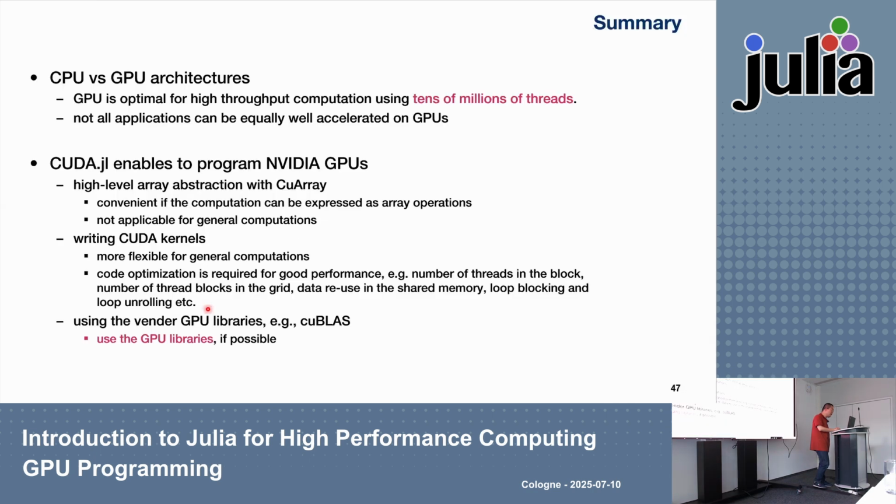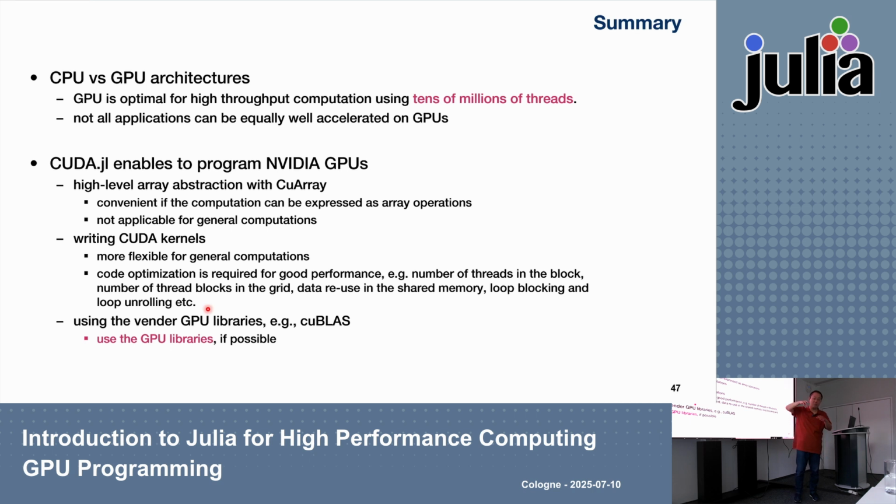So, summary. For these 90 minutes, first we talked about the CPU-GPU architecture. You can forget about all those numbers, but one number that you should not forget is that on GPU, you need tens of millions of threads.